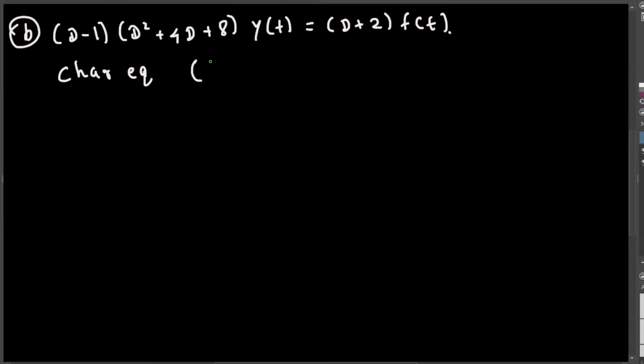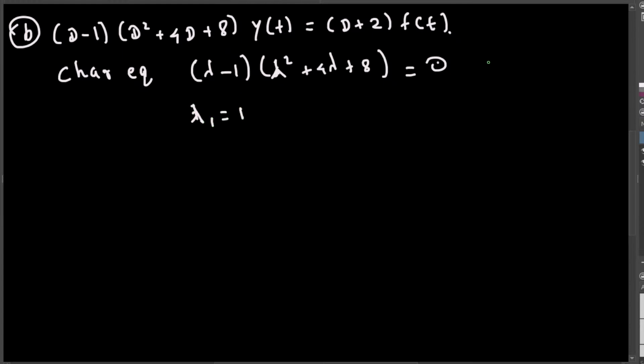Instead of D, we replace that with lambda. So (λ - 1)(λ² + 4λ + 8) is equal to 0. This one we can directly find out. Here just equate that one to 0. So λ1 is positive 1.